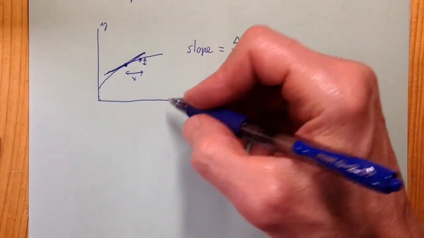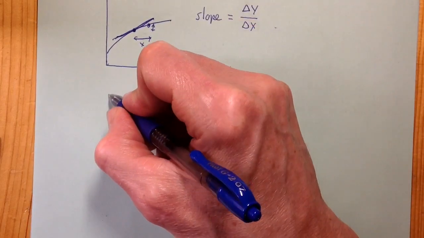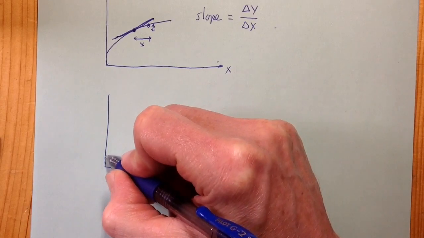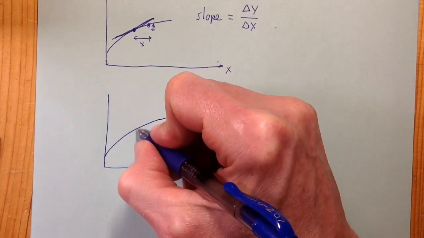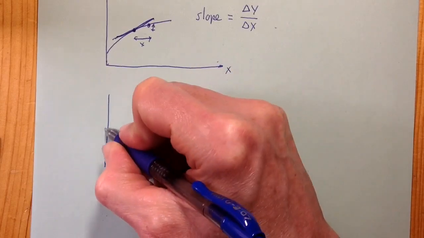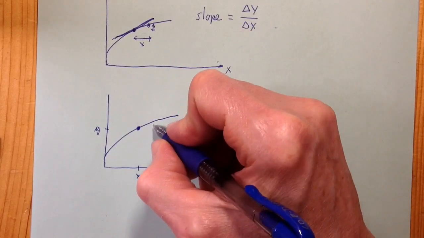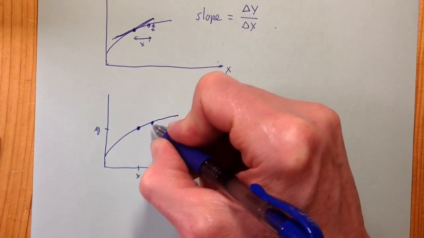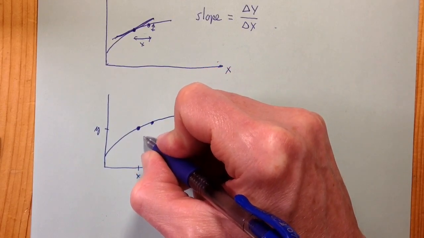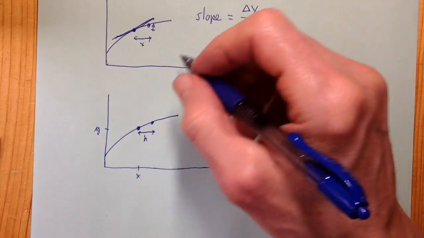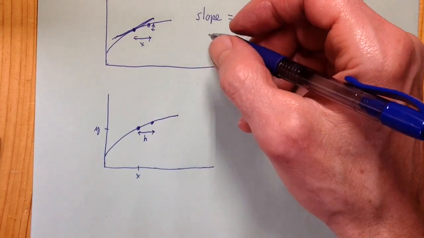So he came up with a really clever thing. He said, okay, let's draw this graph again. If we want to know the slope right there, which here's y and here's x, then what we can do is take another point a little ways over and call that distance h. They just use the letter h because it's available.